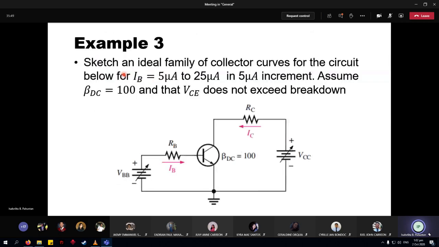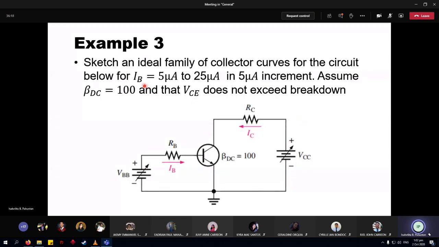Now here, it says, sketch an ideal family of collector curves for the circuit below for IB equal to 5 microamperes to 25 microamperes in 5 microampere increments. Assume a beta of 100 and assume that the VCE does not exceed breakdown.